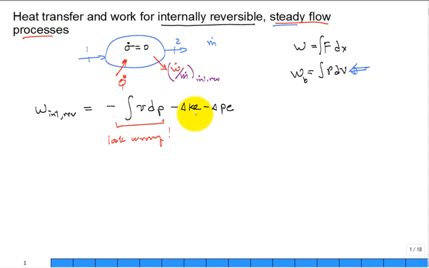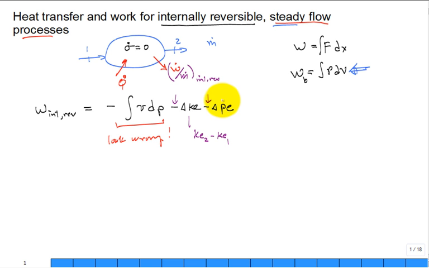What do you mean by the change in kinetic energy? Is this term the specific kinetic energy on the exit minus the specific kinetic energy on the inlet? Is that what we mean by the change in lowercase ke? Yeah. And so that minus sign is important, and this minus sign is important as well.